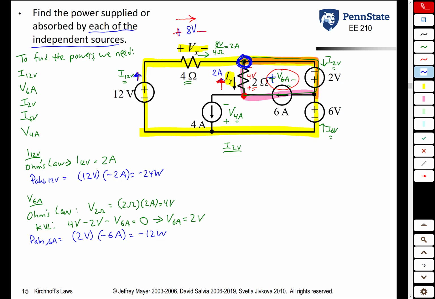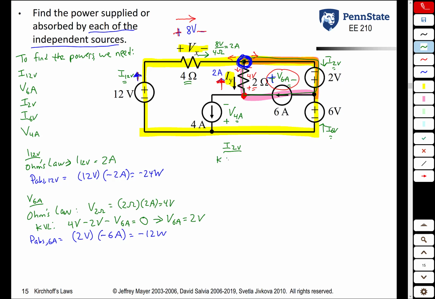However, at this point, we now know all the other currents except that one, so we can apply KCL at that node to find I sub 2 volts. Basically, we're saying that this current plus this current plus this current has to be 0.